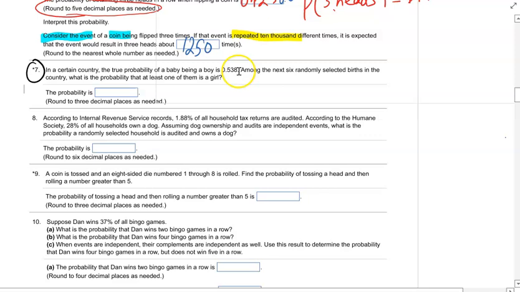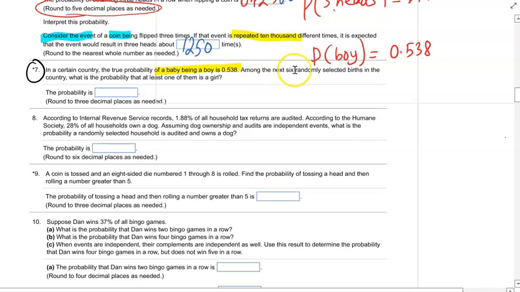In other words, the probability of the baby being a boy equals 0.538. Another way to say it, there is around a 53.8% chance that the baby is going to be a boy. Okay, that's the first part of the problem.